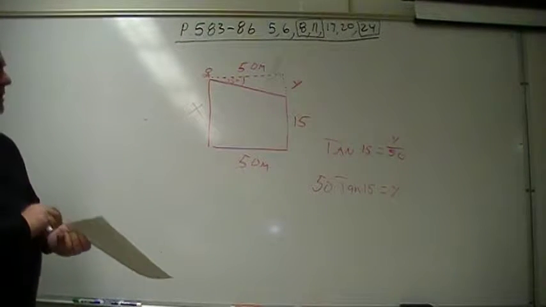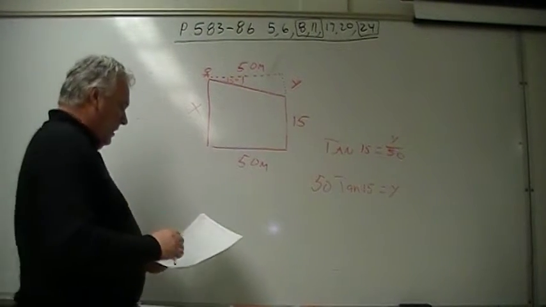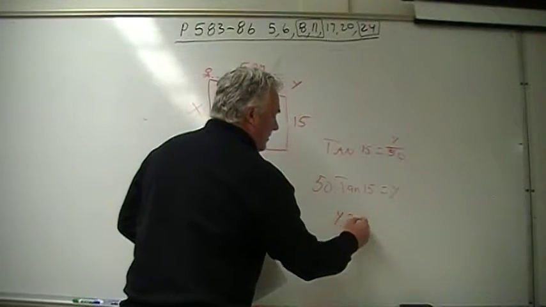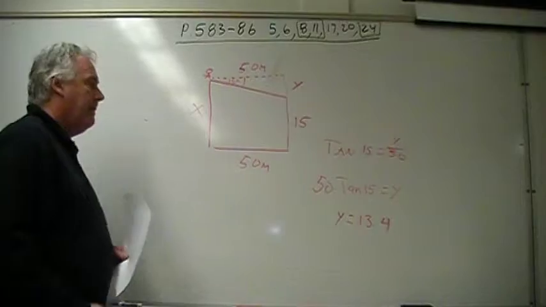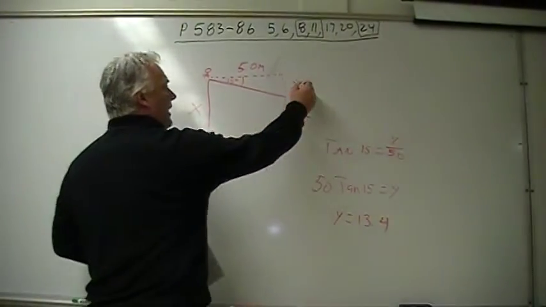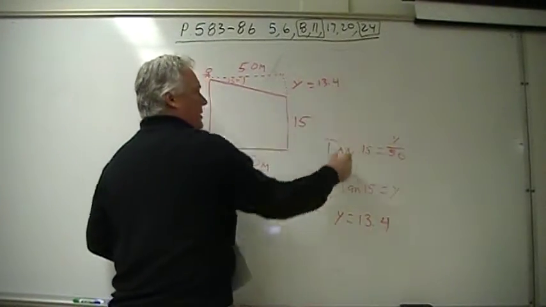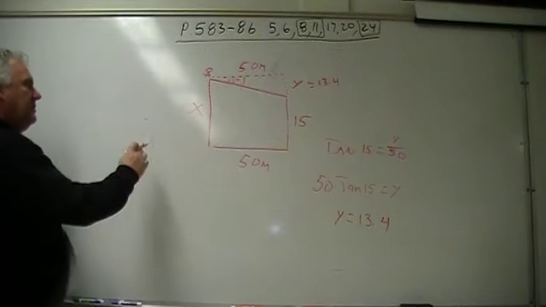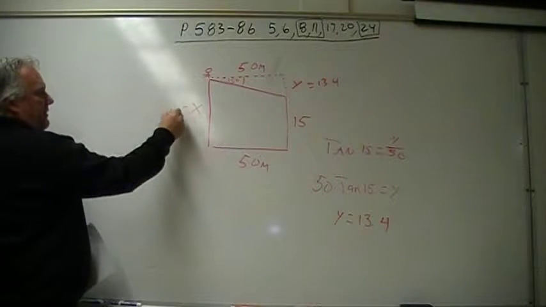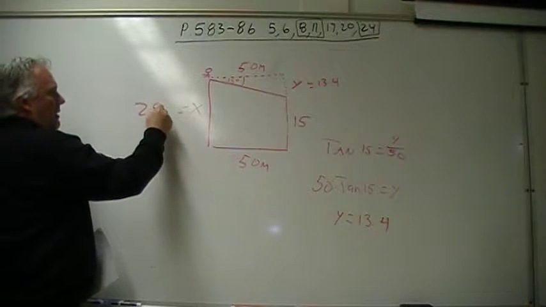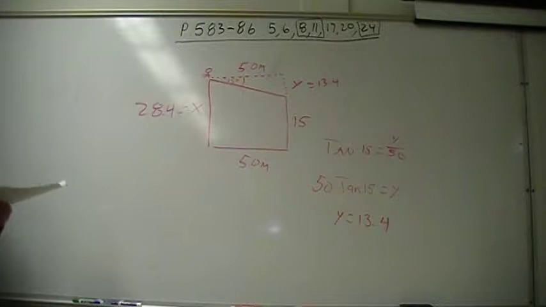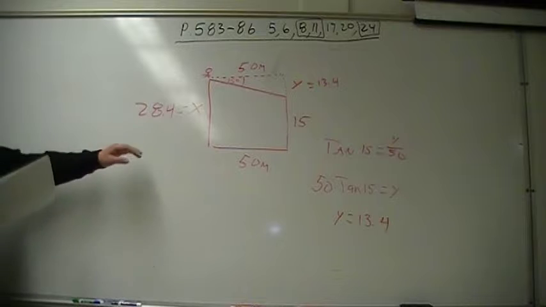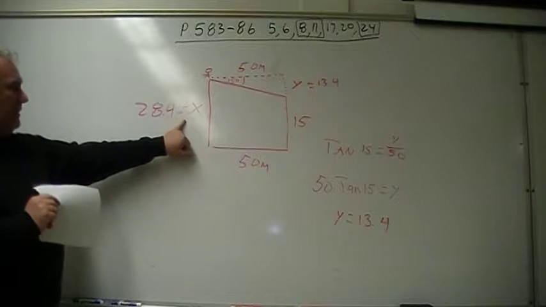Okay? Once you do that math, you will get that y is equal to 13.4. So if you add 15 plus 13.4, the height of the larger of the water slides is 28.4.